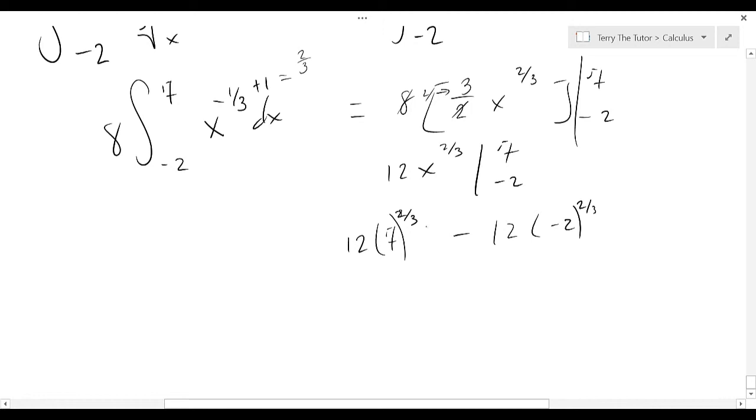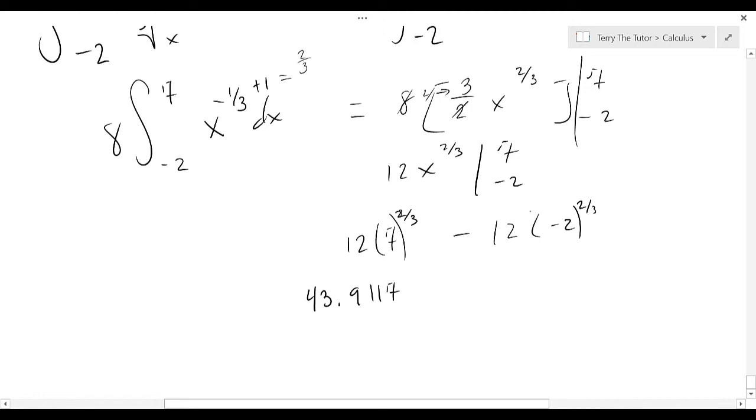So let's do this one. I've got 7 to the power of 2 divided by 3. That is 3.65 times 12. That's a large decimal. We've got 43.911. Let's round it to 7.